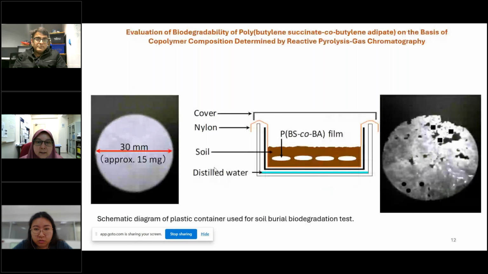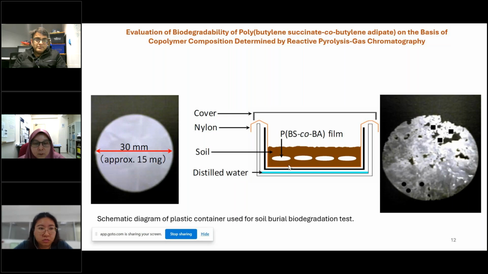Okay, so this is another, second topic. In a different analysis, a different experiment, we obtain polybutylene succinate-co-butylene adipate plastic with a diameter of 30 millimeters, approximately 50 milligrams. With this circular plastic shape, we do a soil burial biodegradation test.